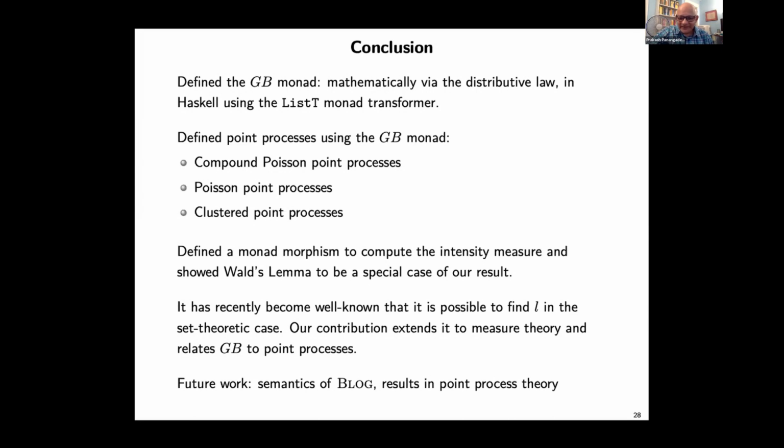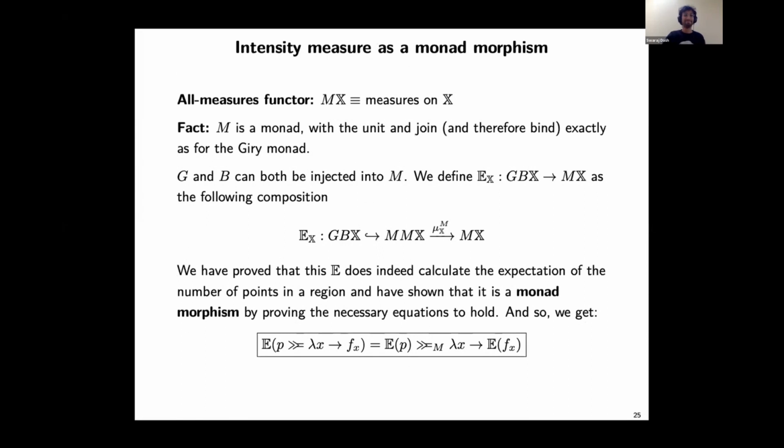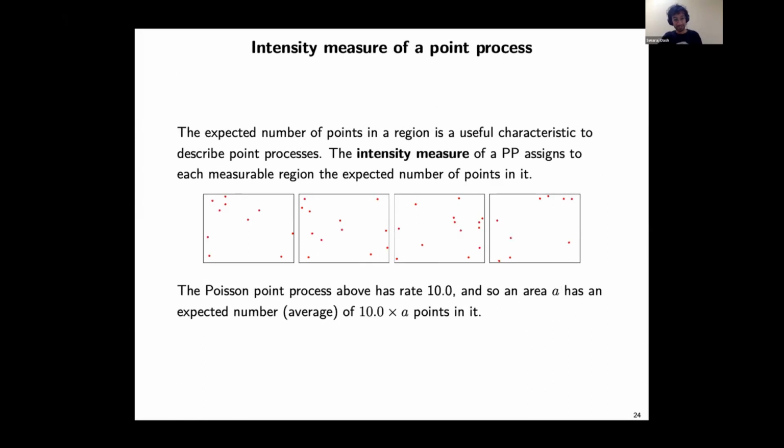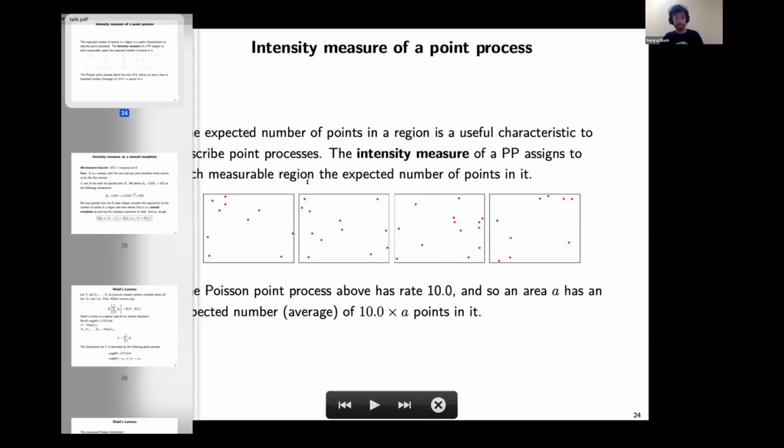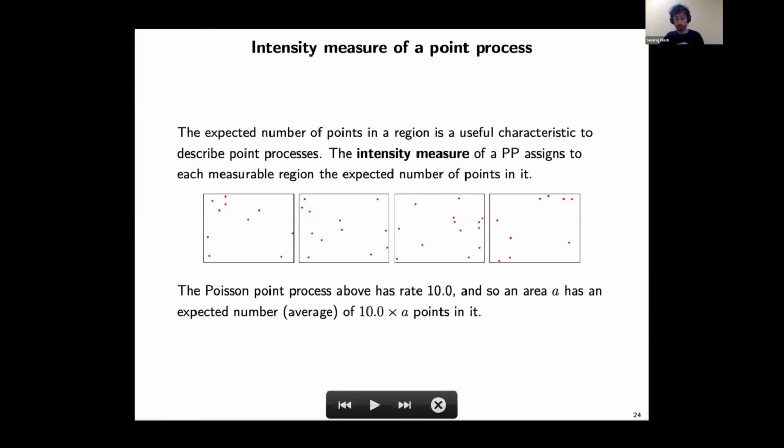Maybe you can tell us a tiny bit more about Wald's lemma, since we raced through it. Thank you. So each region in a point process corresponds to the random number of points in it. And so for each region, you can also have the expectation of, or the average number of points in, that region. That's the intensity measure of a point process.